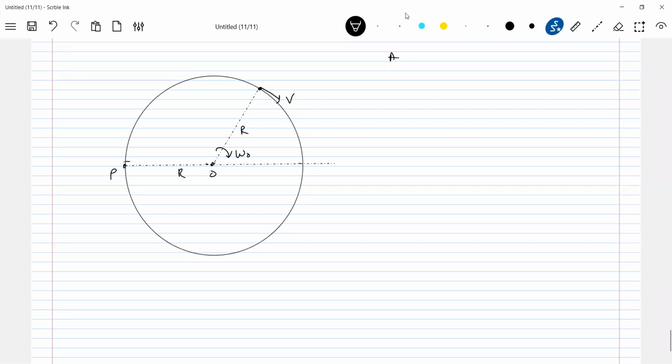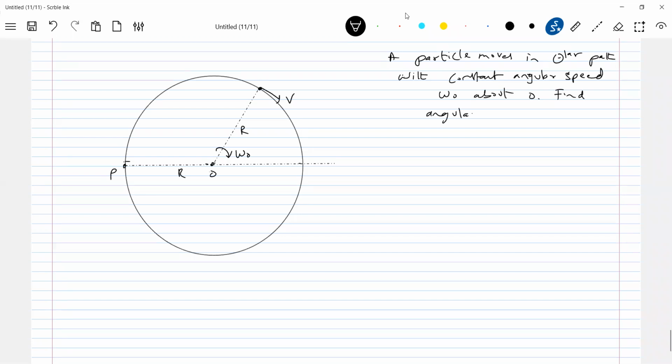Say a particle moves in a circular path with constant angular speed omega naught about O. Find the angular speed about a point P on the circle.